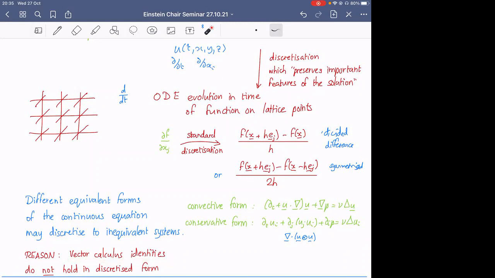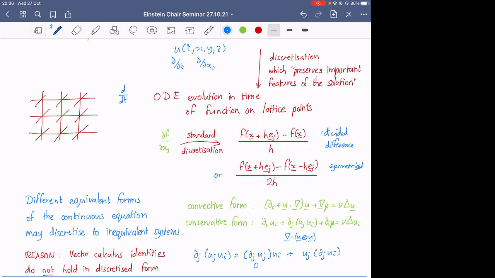For example, with Navier-Stokes, I wrote down two standard forms, the convective form and the conservative form. The equivalence depends on a certain vector identity: the derivative of a product, where you differentiate one factor or the other, together with the divergence being 0.